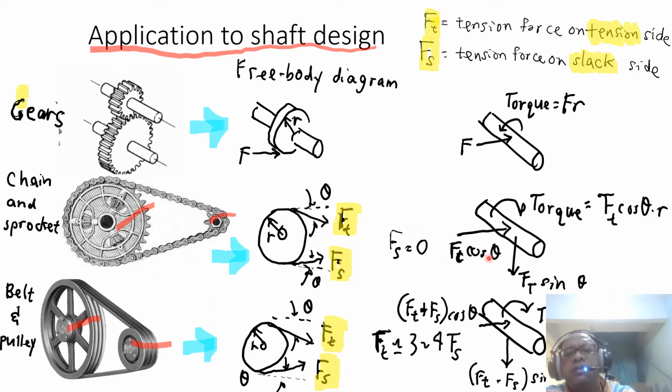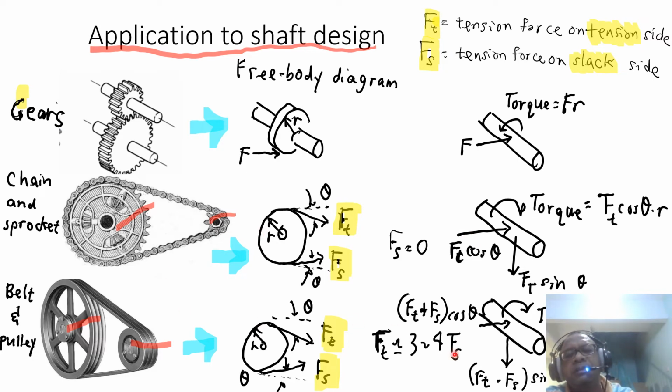So Ft cos theta acting at the centroid, and there is also a vertical component from the chain pulling down, Ft sin theta. This is all at the tension side. So if theta is 0, then this component is 0. If the chain is fully flat, there is no vertical component.